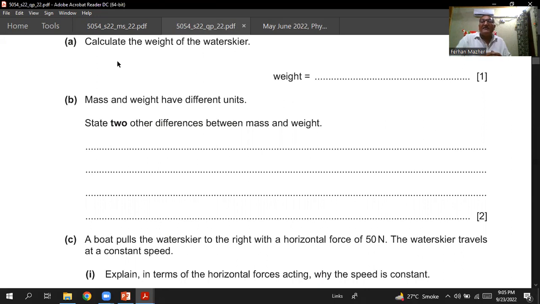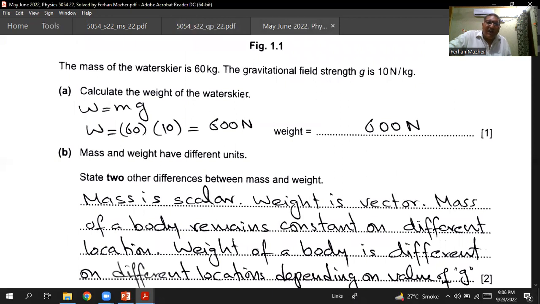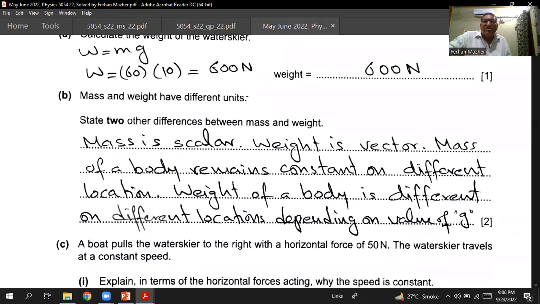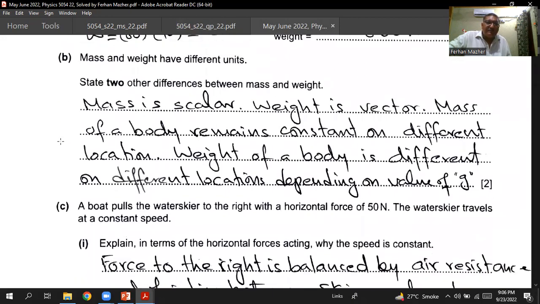Whereas if you change the location, the weight of the same body will be different at different locations, because weight depends upon the value of the gravitational field strength at that location. If the value of g changes, the value of the weight will also change.